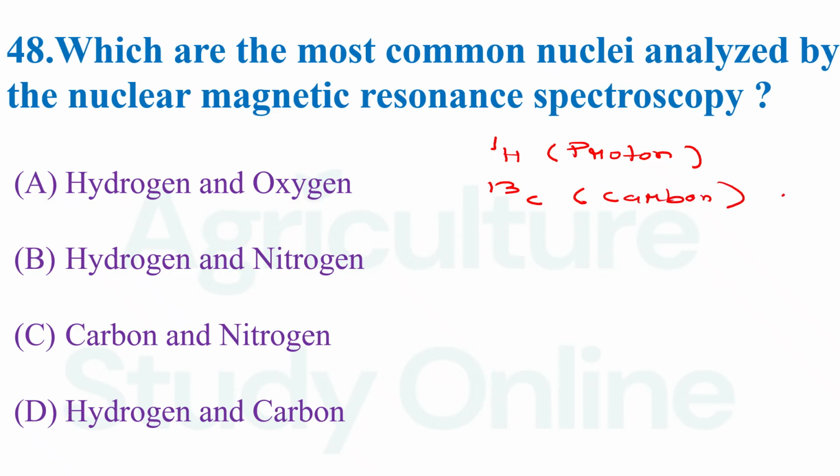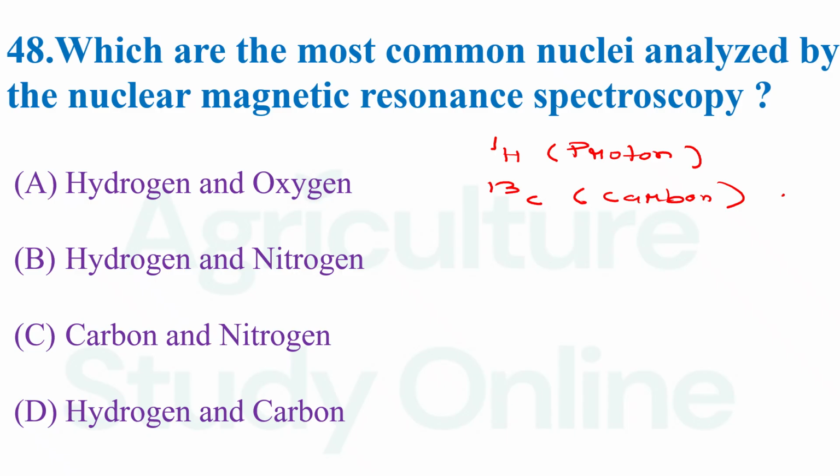So why are these common? Because hydrogen is very abundant in organic compounds, and it is highly sensitive, meaning it will give strong signals. And carbon is the backbone of organic molecules as we know, and it provides structural information.